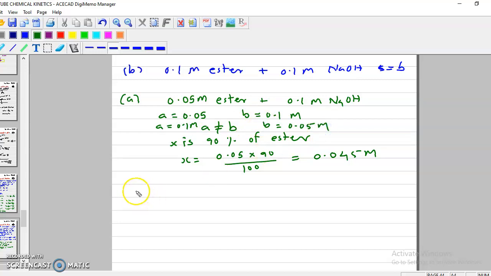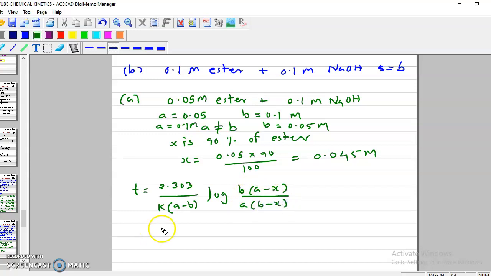So let us take t, because we have to find out t. So t is equal to 2.303 upon K into A minus B, log of B into A minus x upon A into B minus x.